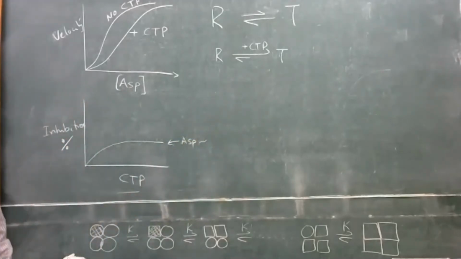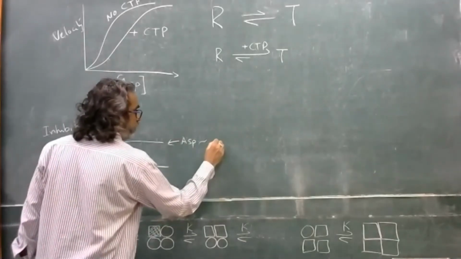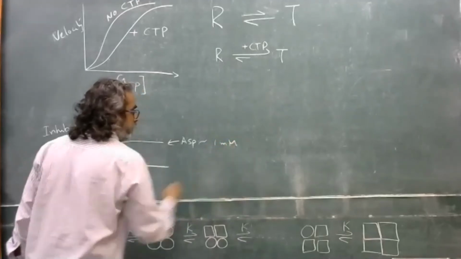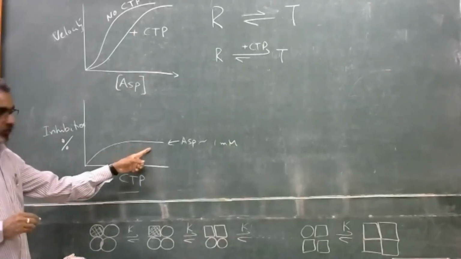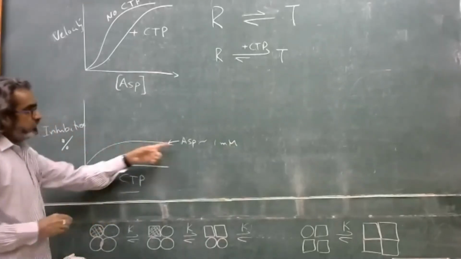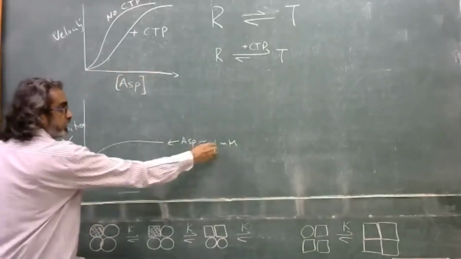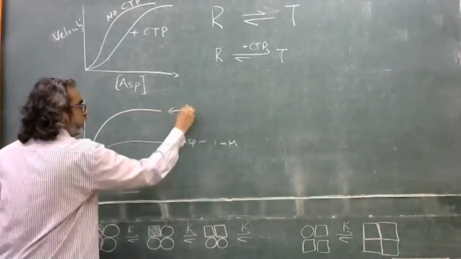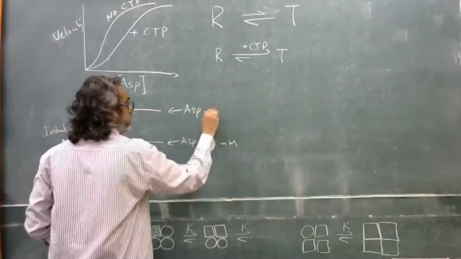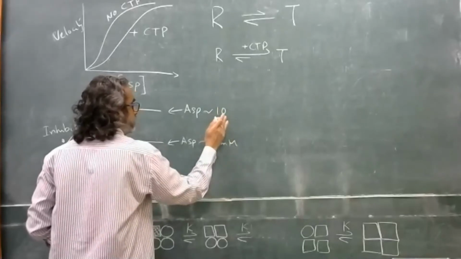I'm giving a number, let's say 1 millimolar of substrate, and then it inhibits something. But if you use the same reaction at a higher concentration of substrate, let's say 10 times of this, then you have this.